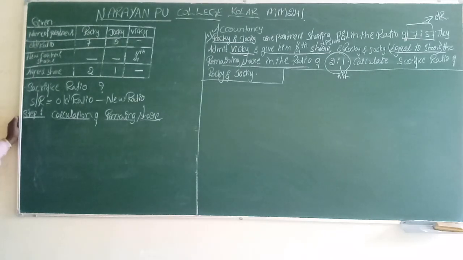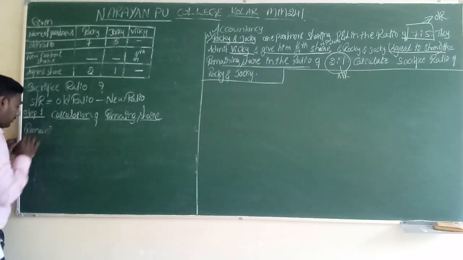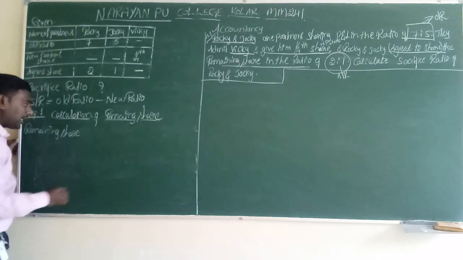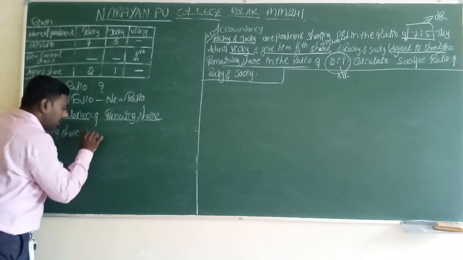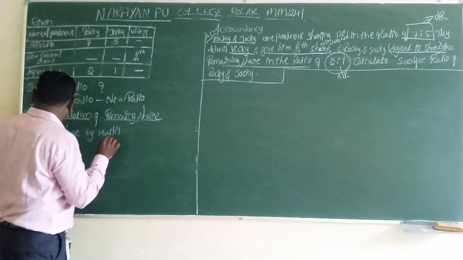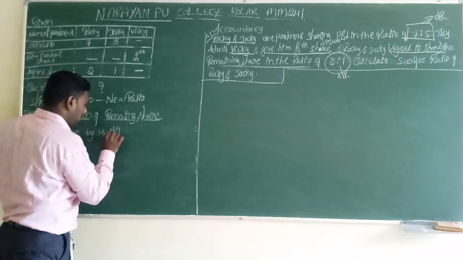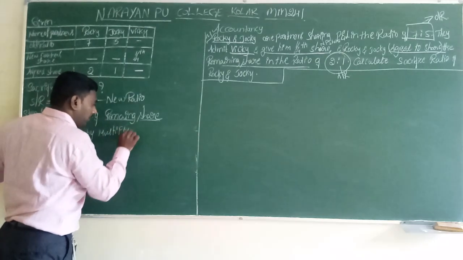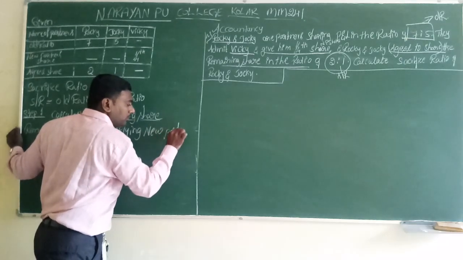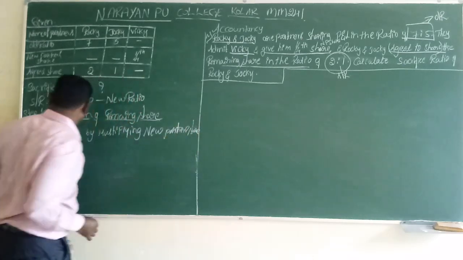So here, remaining share is to be calculated by multiplying the new partner's share.